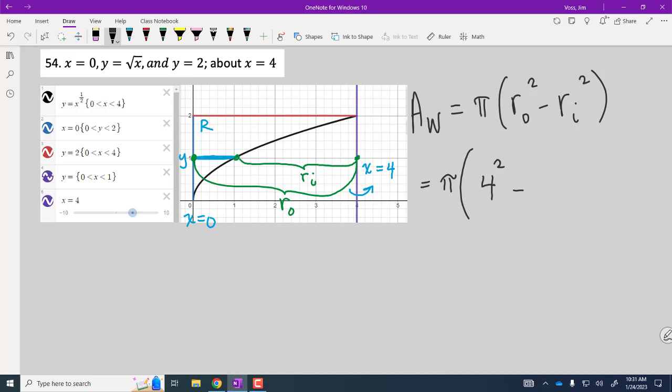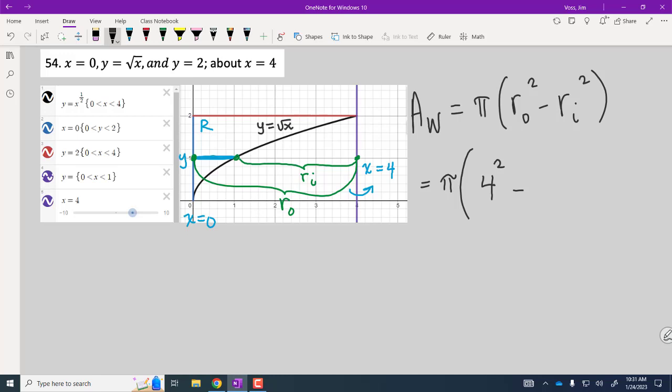Okay, how about the inner radius? Let's look at the curve. The inner radius is going from this x value over here, which is 4, on this axis. This curve right here is y equals root x.